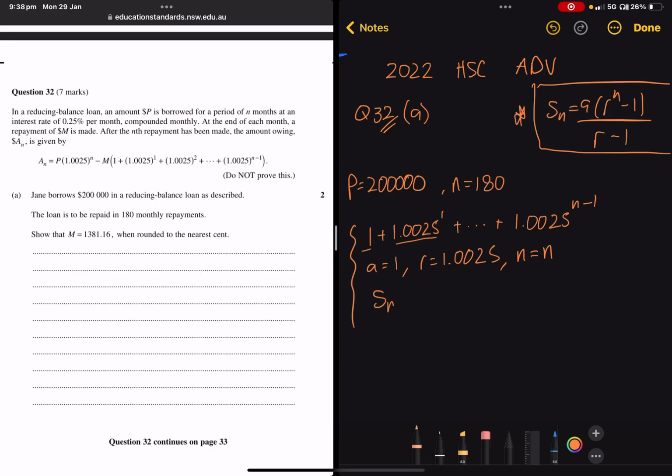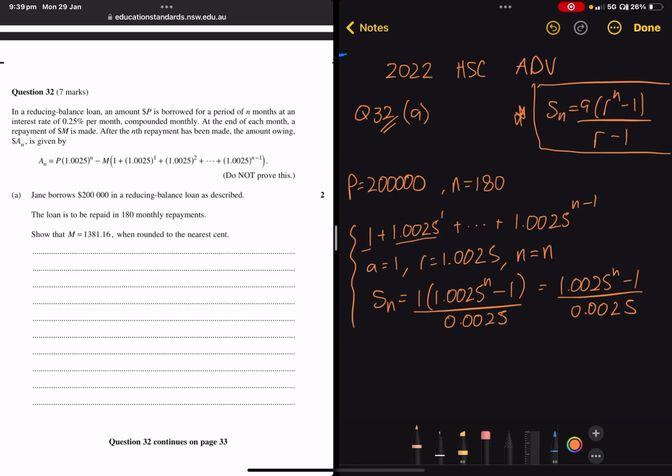So the sum of terms in this geometric series is 1 times 1.0025 to the n minus 1, divided by 1.0025 minus 1, which is 0.0025. So this is 1.0025 to the n minus 1 over 0.0025.